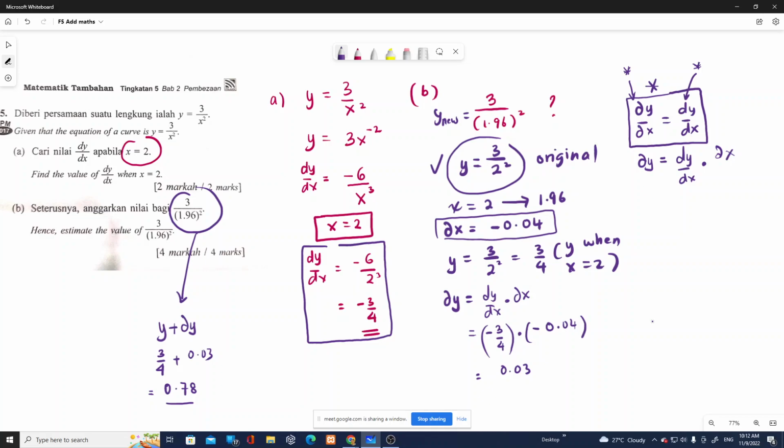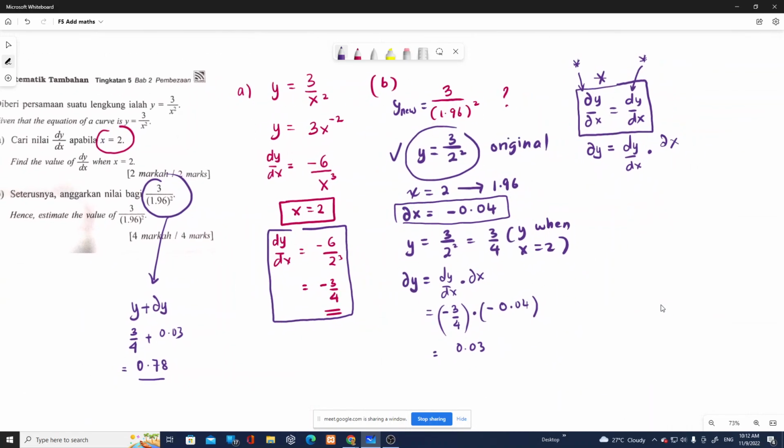How do you know that 3 over 1.96 squared is equal to y plus delta y? Is there a formula to show that? You see, it's like this. When x equals to 2, the y would be 3 over 2 square. That will give you 3 over 4, 0.75, right?